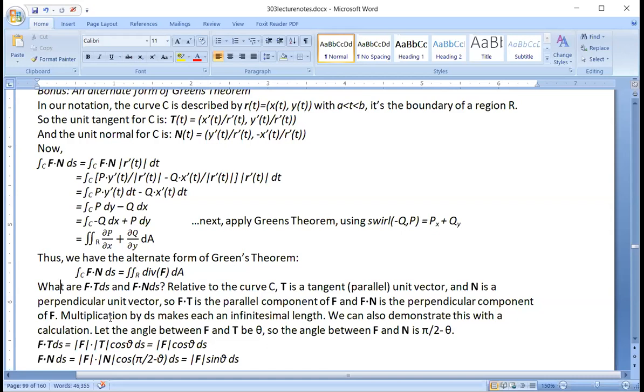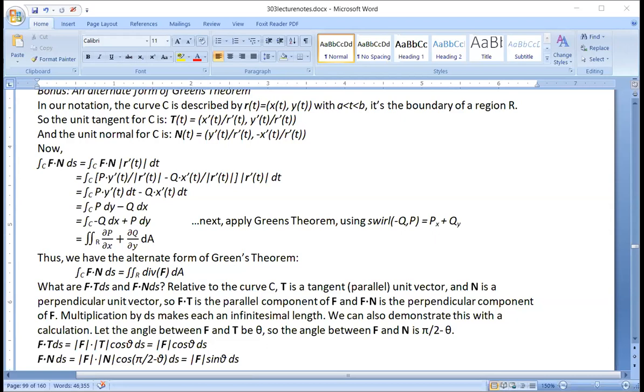So again, this is just an alternate version of Green's theorem, dealing with what happens if, instead of the regular vector line integral, we think about the flux line integral. So not motion parallel, but motion perpendicular to the curve. And it turns out to be the double integral of the divergence when we do it that way.